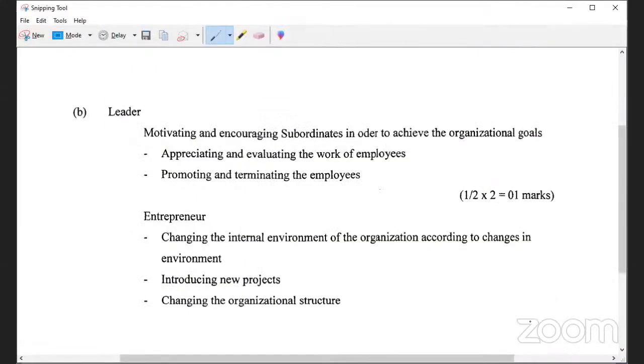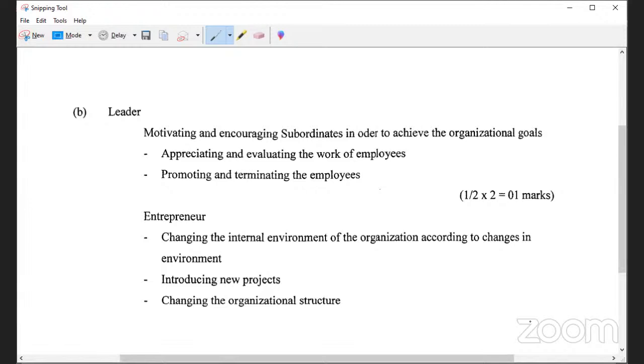Okay, right? If we say leader, we have talked about leadership and leader, so there we have some knowledge. You are always motivating and encouraging your subordinates to achieve the goals. And then as an entrepreneur, changing the internal environment of the organization to adapt to the changes in the environment, introducing new projects, changing the organizational structure, right? So you change the organizational structure or you find the new project.